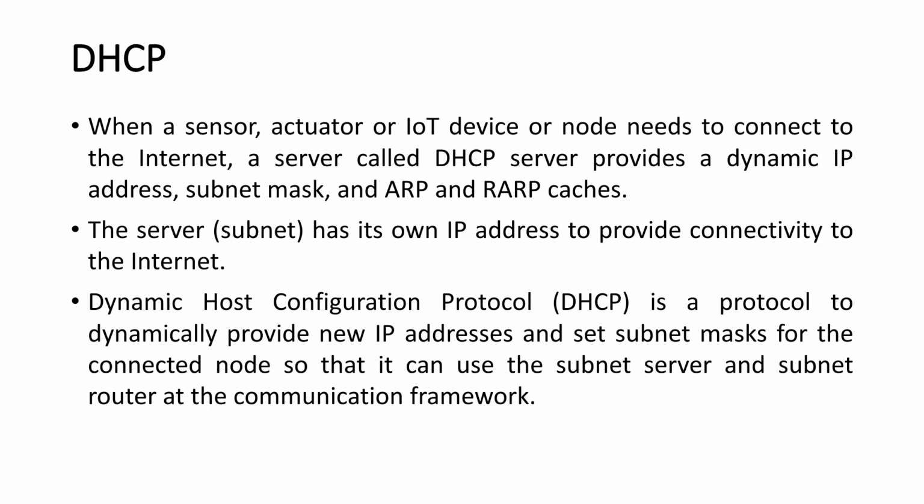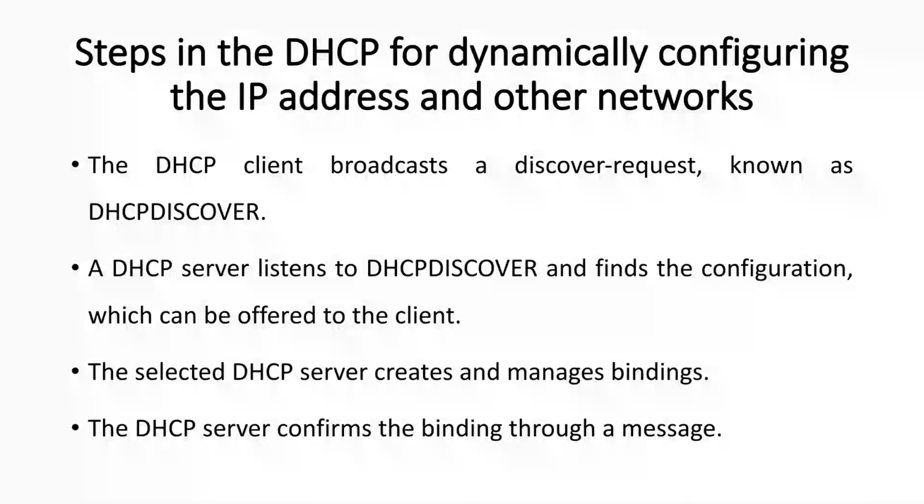We are going to see the steps for dynamically configuring the IP address. These are the steps which cover dynamically configuring an IP address using DHCP. The DHCP client broadcasts a discovery request, known as DHCP discover. With this, the new request has been discovered.